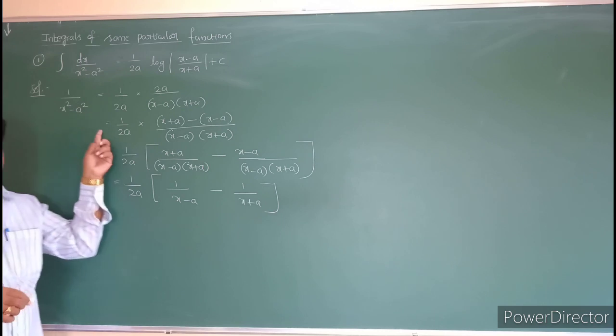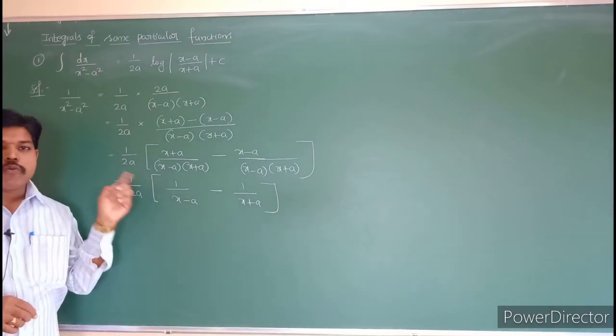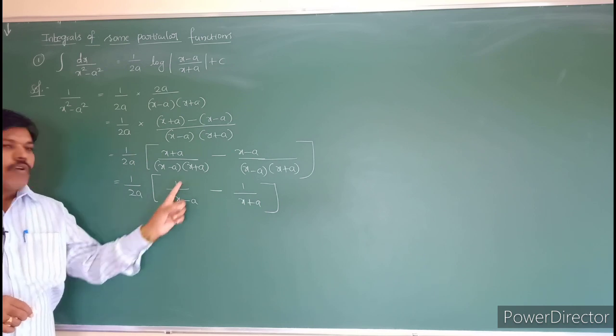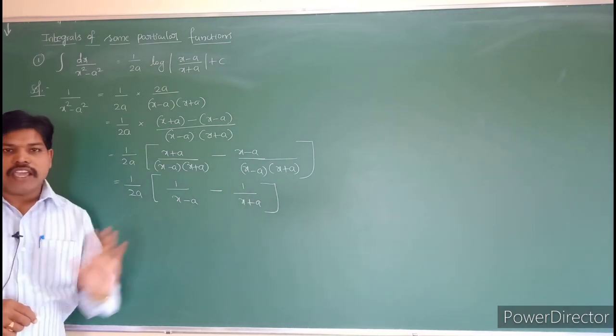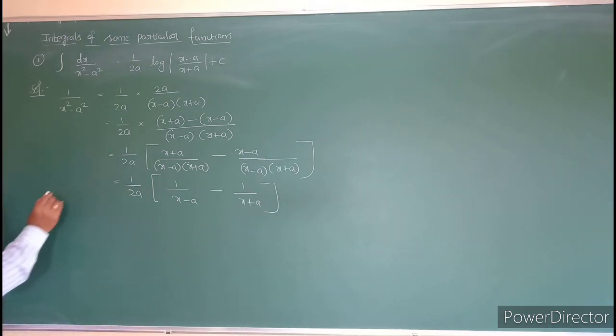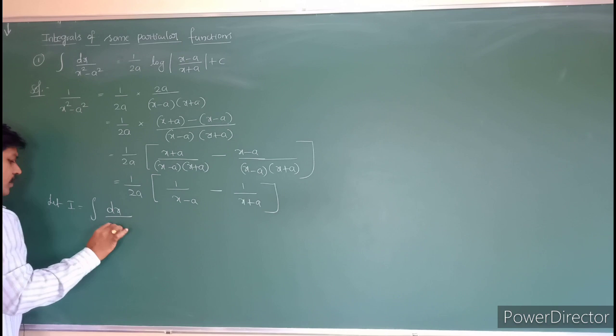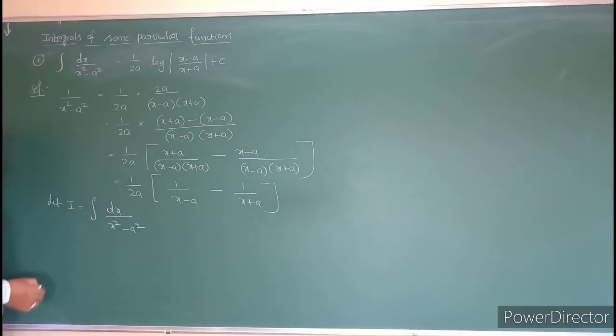So 1 by x square minus a square you can write as 1 by 2a into 1 by x minus a minus 1 by x plus a. Do you understand, students? So here what I will take, let I is equal to integral of dx by x square minus a square.